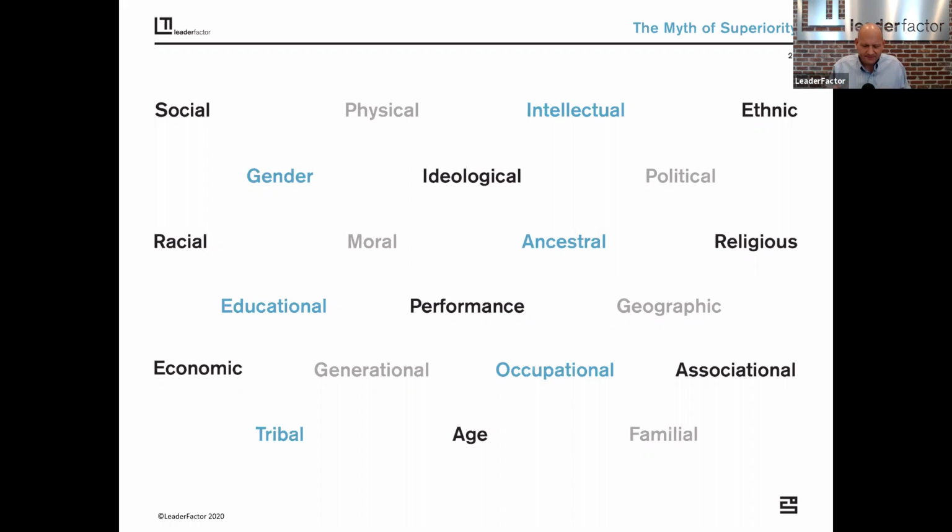So take a look here. So I'm socially superior or inferior. Ever felt that way? I'm physically superior or inferior. I'm intellectually, ethnically, in terms of gender, ideologically, politically, racially, morally, ancestrally, based on heritage, religious, educational, performance, geographic.